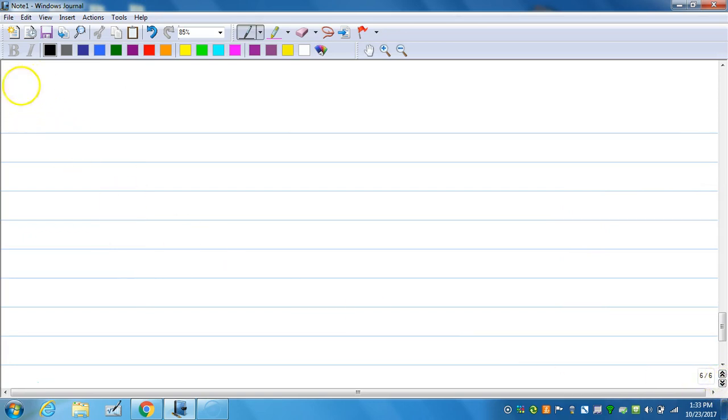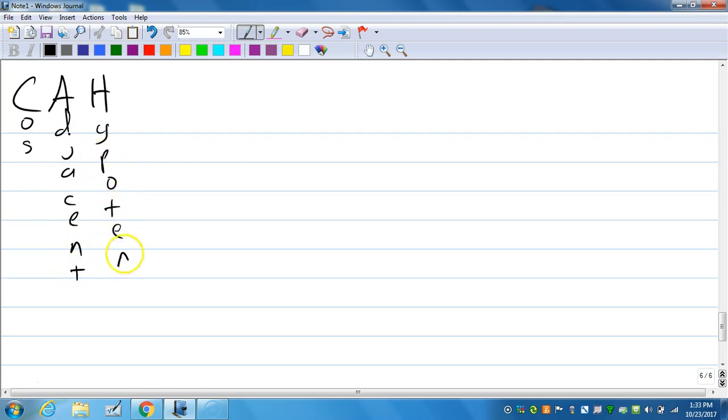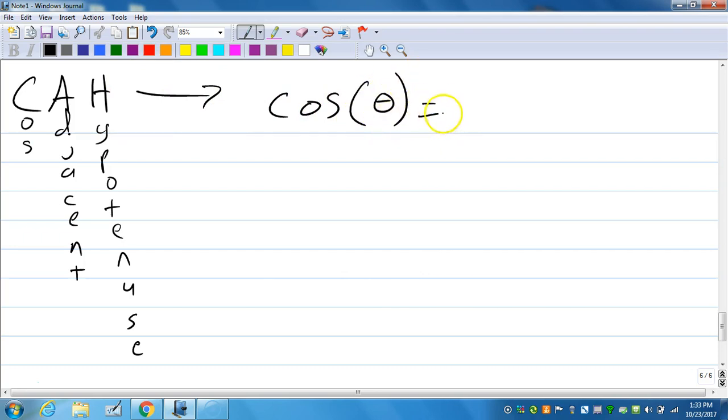Same thing for the CAH, cosine, adjacent, and hypotenuse. This means that the cosine of an angle can be found by figuring out the adjacent side divided by the hypotenuse.